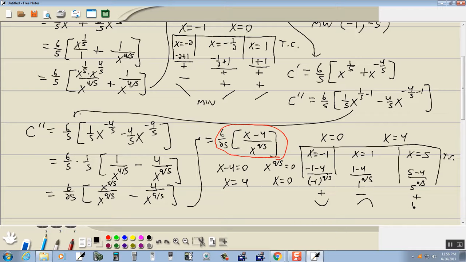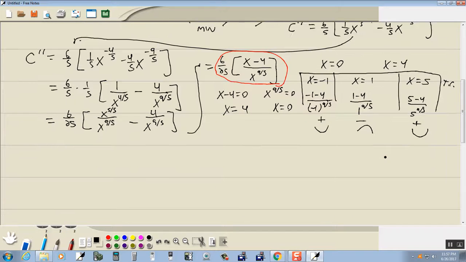So positive, this means this is concave up. Now, since our concavity changes here, this is our inflection point, and this is our inflection point. So we'll have 0 comma something, and we'll have 4 comma something.